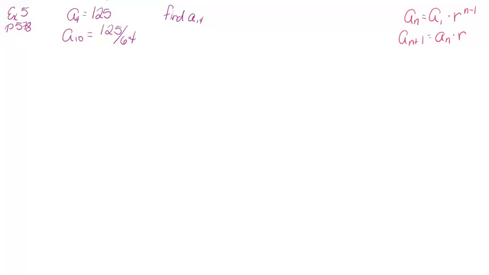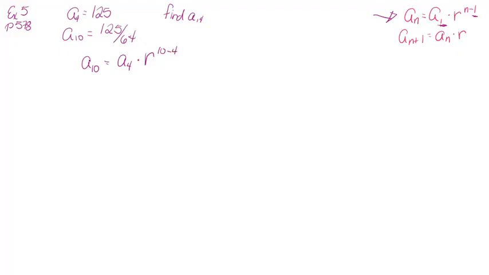So we're going to have to find out how the 10th term is related to the 4th term. And we're going to do that by using this nth term formula right here, but we're going to use it with the n being 10, and my n minus 1 being 10 minus 4. So I'm going to say a sub 10 equals not a sub 1, but a sub 4 times r to the, instead of n minus 1, 10 minus 4, because that's in the place that 1 was.